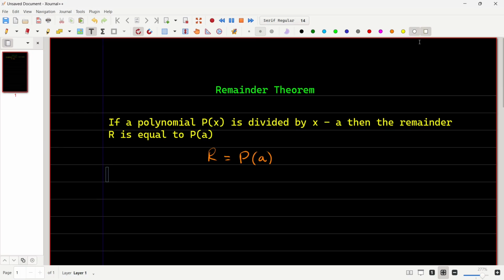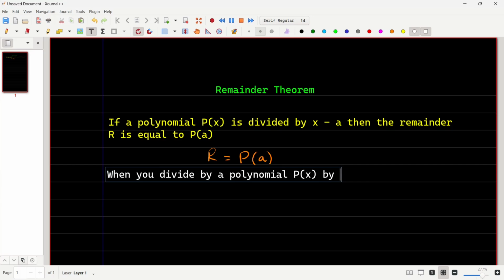So we can say that when you divide a polynomial p of x by, let's say, d.